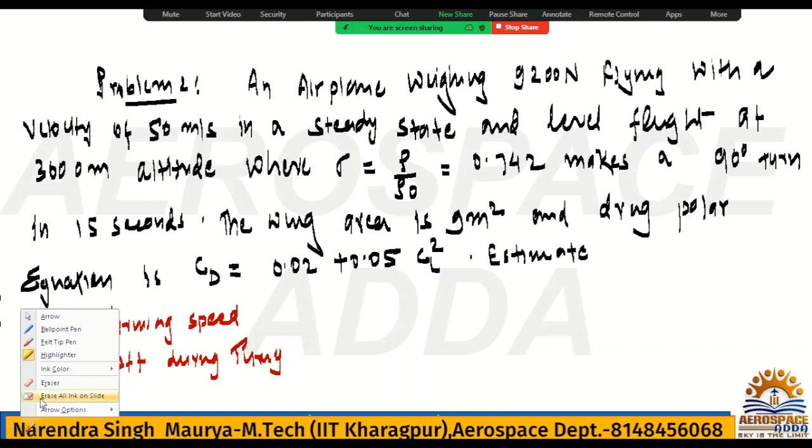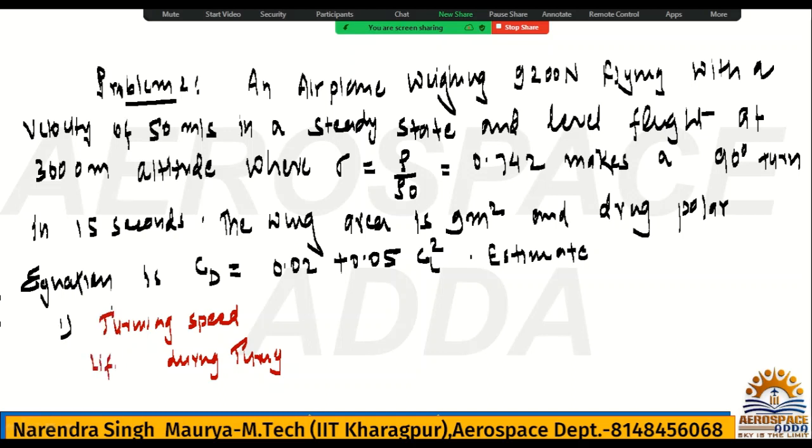Lift force, drag force, during turning. Okay, turning speed, lift, drag.